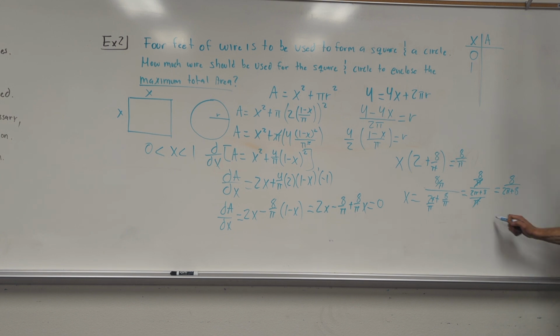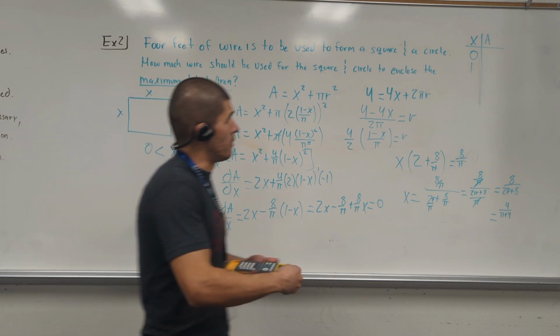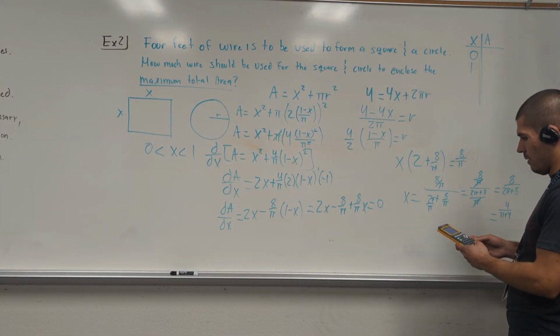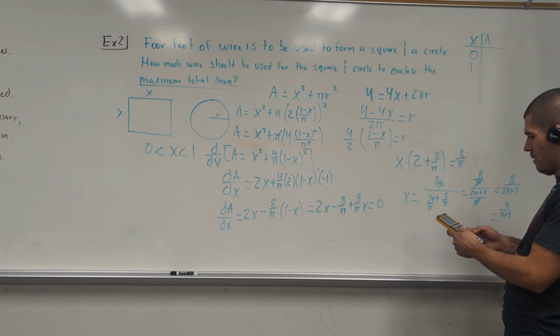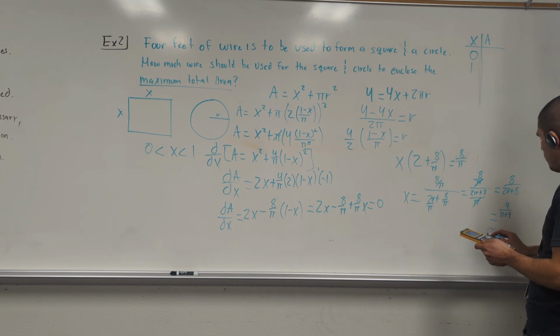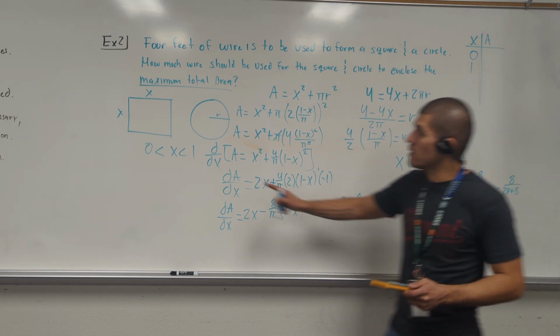I'm noticing that everything here is divisible by 2, so I can say 4 over pi plus 4. Okay, so I'm going to see what that gets me using the calculator, because I have no idea what that is. I got 4 divided by pi plus 4. So this is approximately 0.56, which definitely does fall within here.